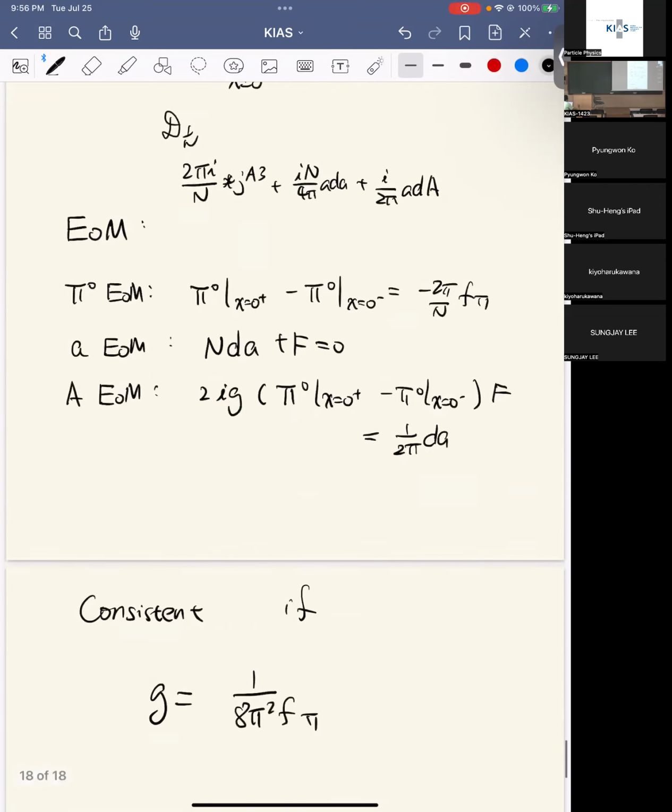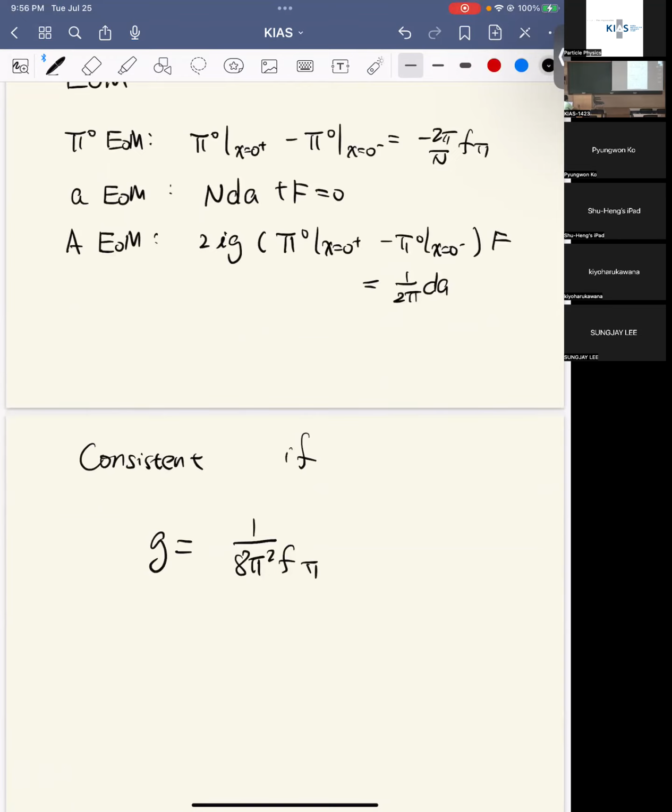And that's indeed the correct value that gives you the experimentally observed pion decay.